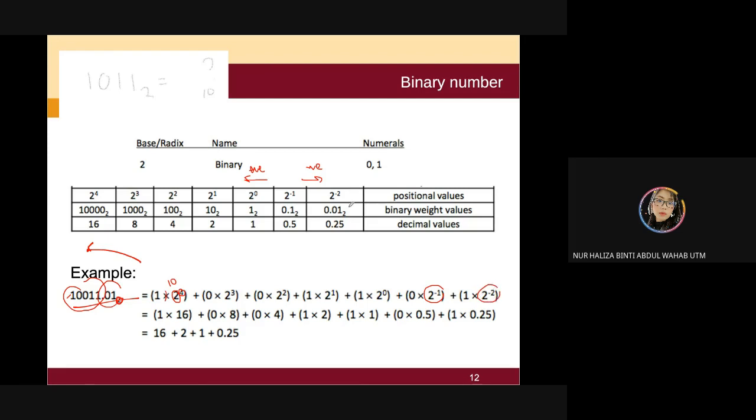And this is the value in decimal. In terms of representation, this is like the binary weight value, to the power of 2, minus 2. The value is similar, only the representation differs. So this is basically how you get the value for 10011.01 base 2.